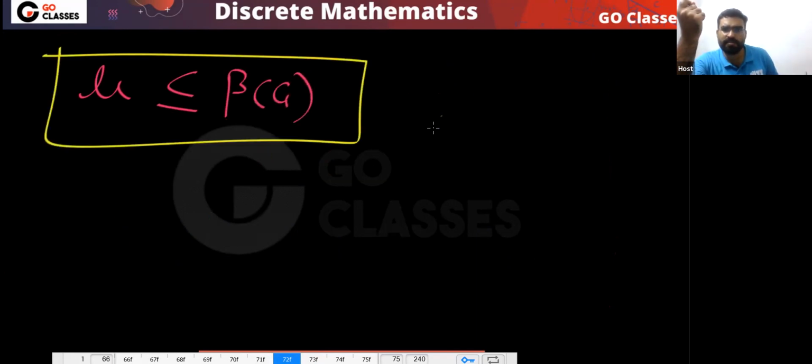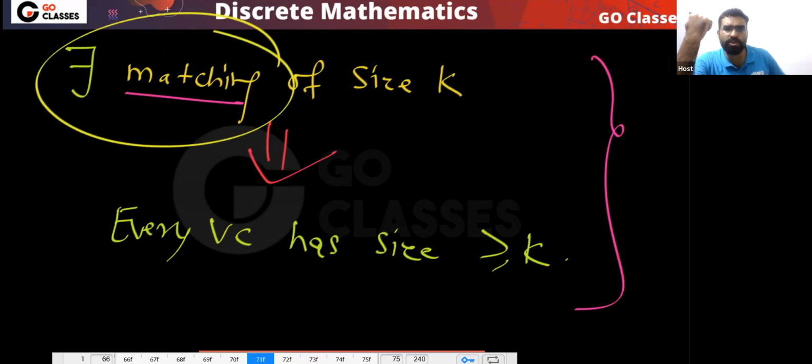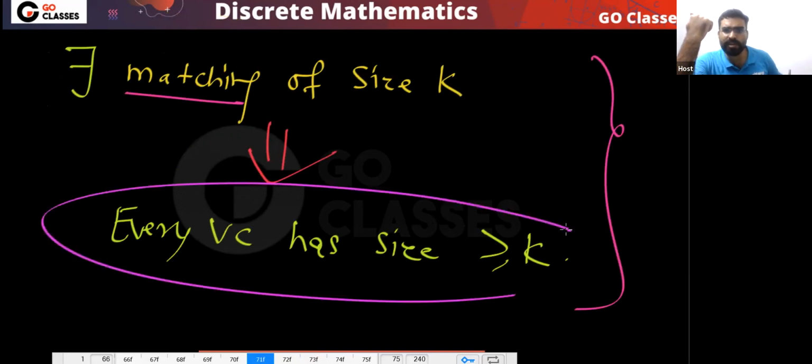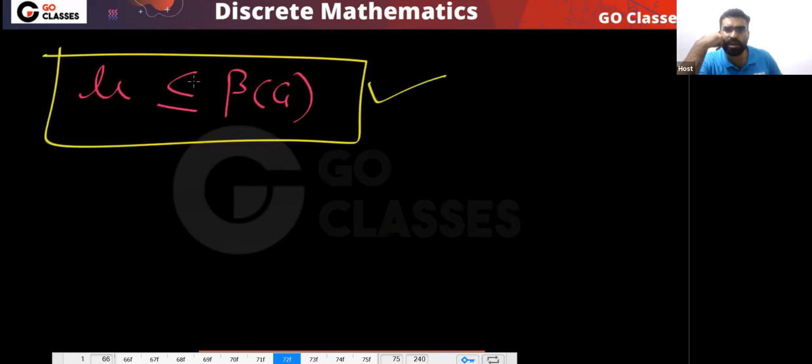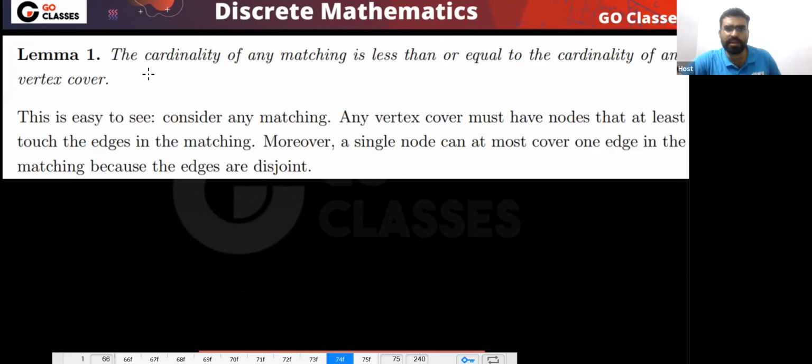The maximum matching, because remember, for any matching you take, the vertex cover size must be greater than or equal to it. So if you take the maximum matching, then definitely this mu is less than or equal to beta of G. The cardinality of any matching is less than or equal to the cardinality of any vertex cover.